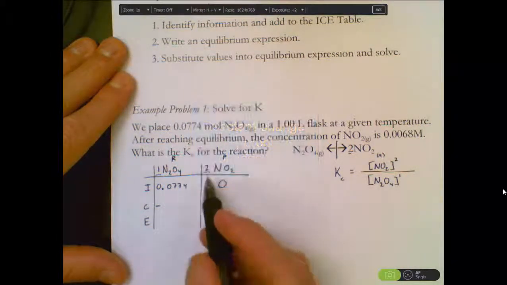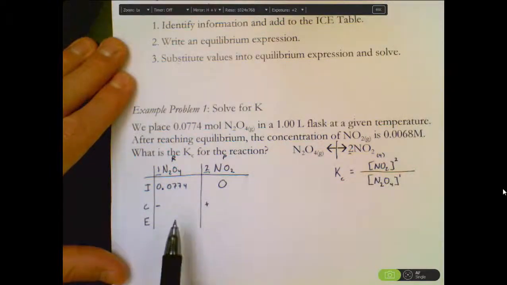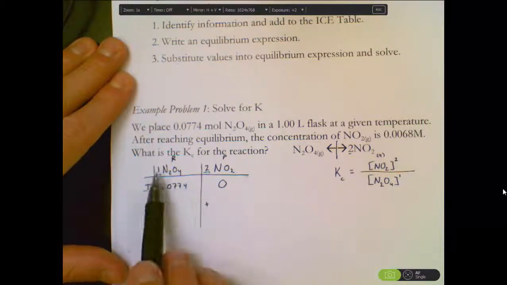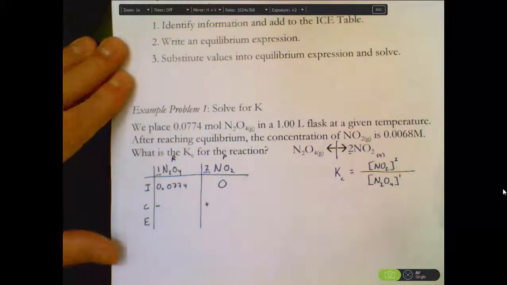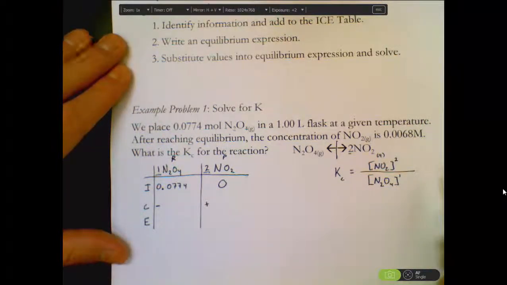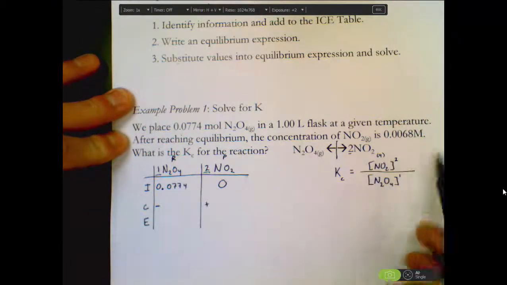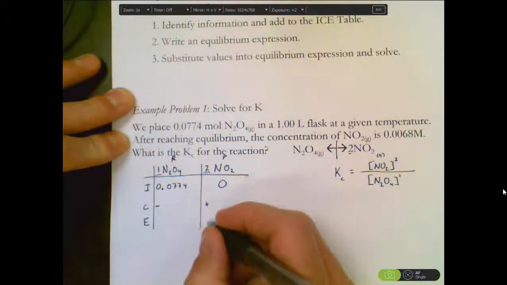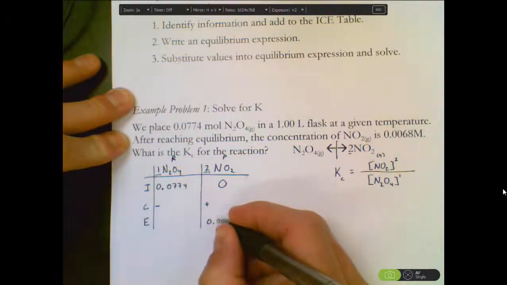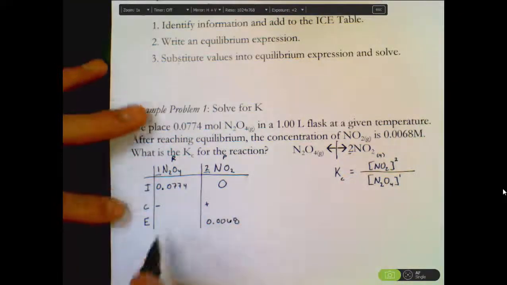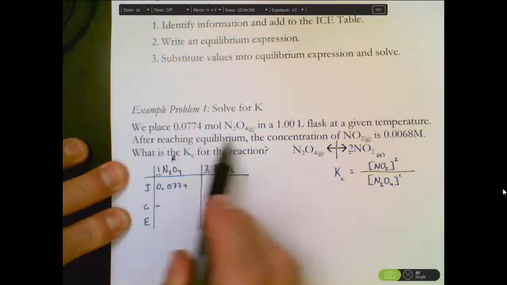This mole ratio can come into play when we're looking at our change because these will change in a stoichiometric ratio. The problem goes on to say that after reaching equilibrium, the concentration of NO2 is 0.0068. So NO2 at equilibrium, 0.0068. I'm putting this down the bottom row because this is at equilibrium.